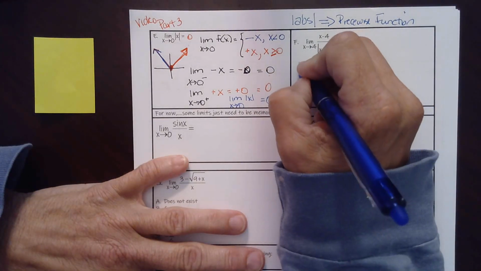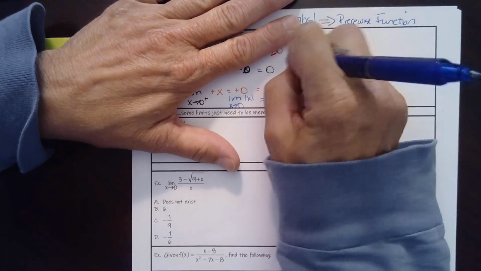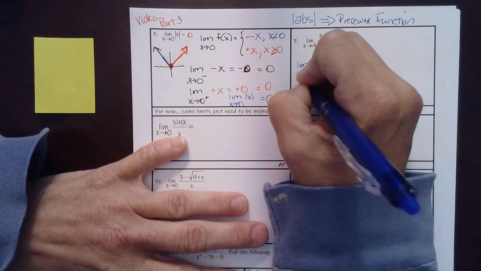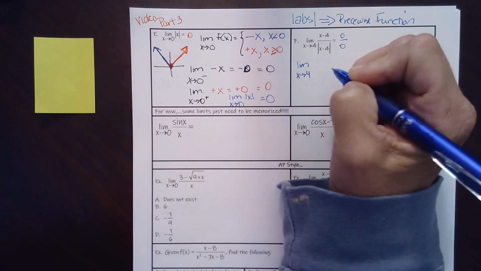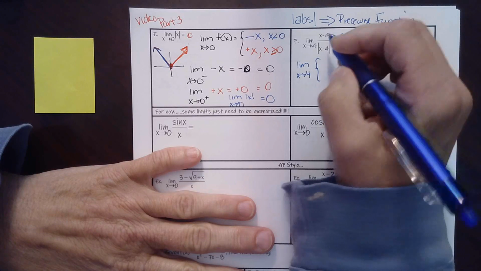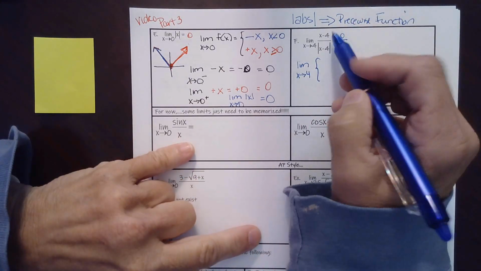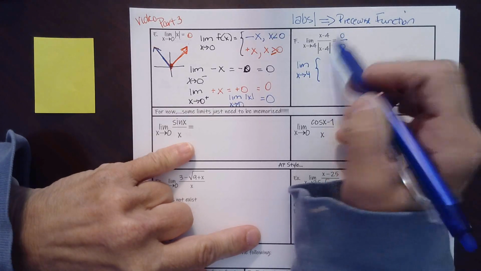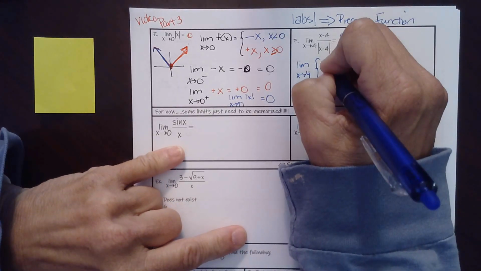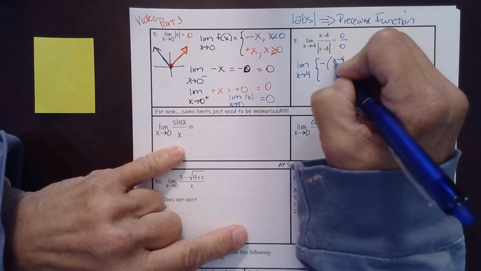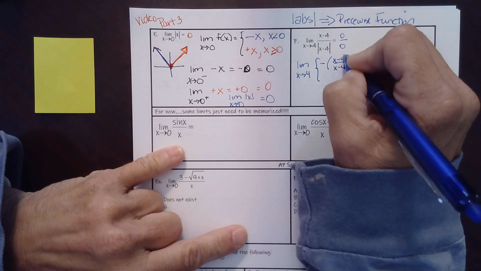So my function is the limit as x approaches 4 of the function. I will remove the absolute value of x minus 4. One of these will be negative, and I'll have x minus 4 over x minus 4.